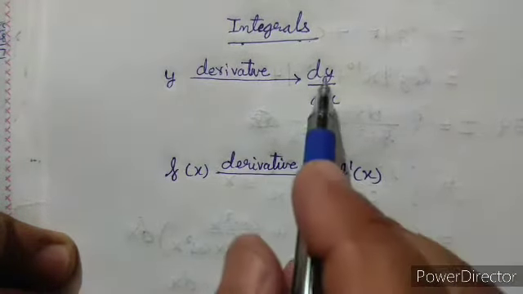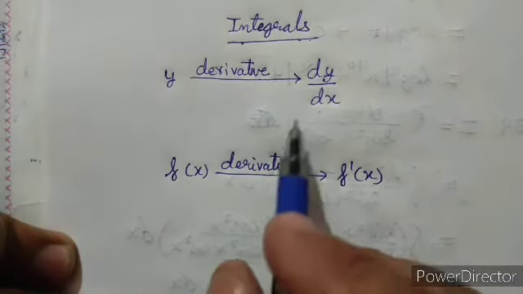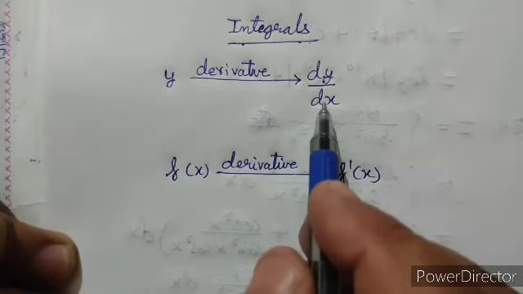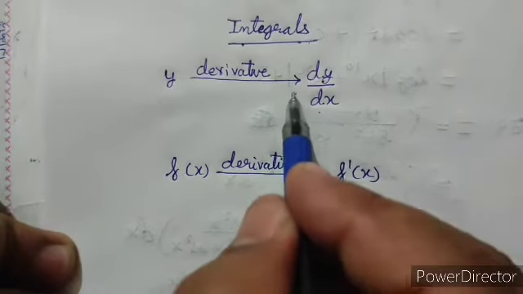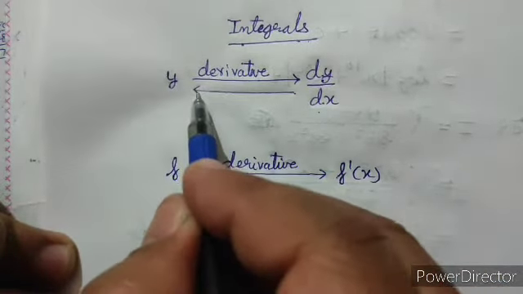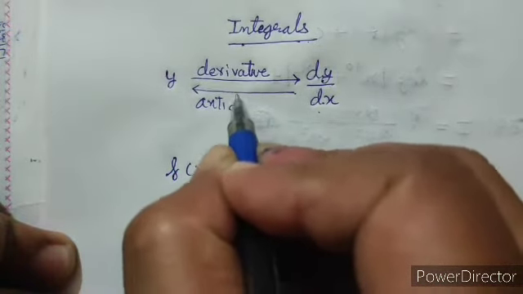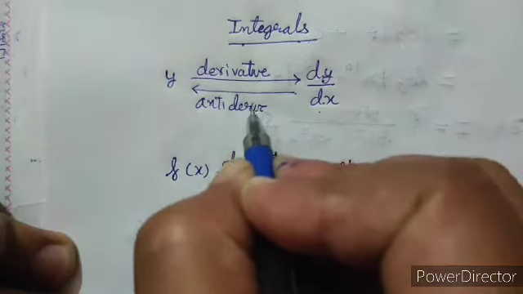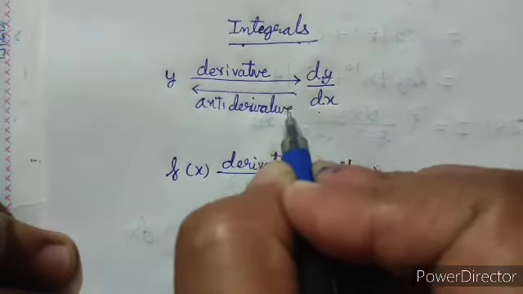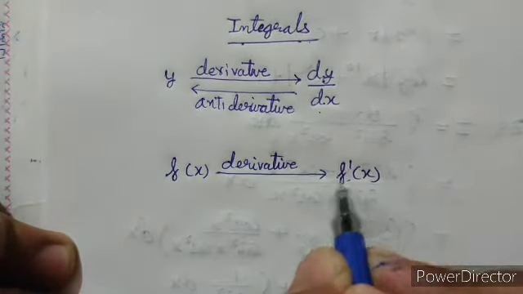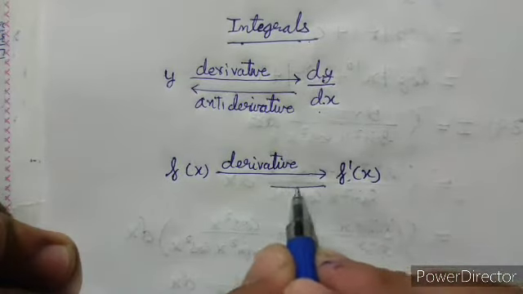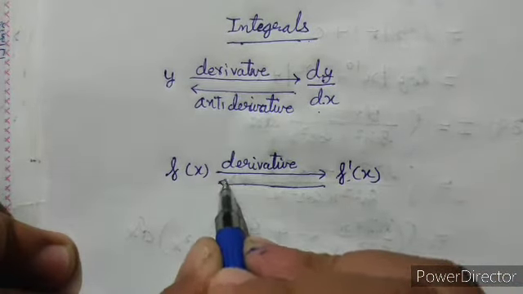Now suppose the derivative is given to us, that means dy by dx is given to us and we have to find the function. Then we will find the antiderivative of dy by dx. Or f dash x is given to us and we have to find the function.